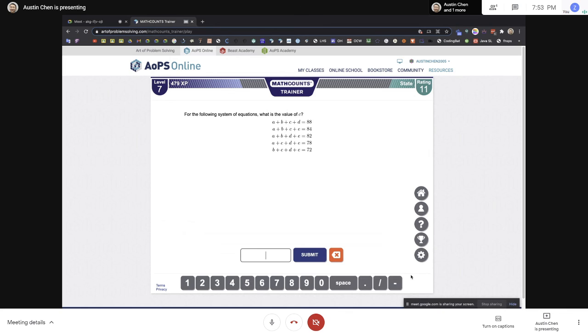Solving the system of equations, what is the value of C? Have we seen this exact thing before?